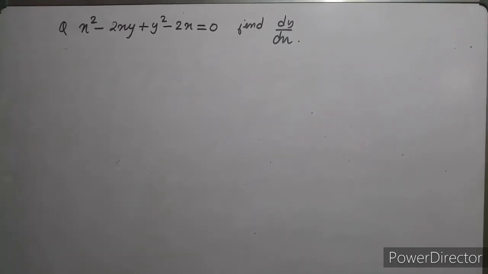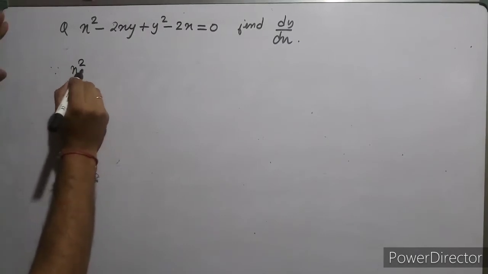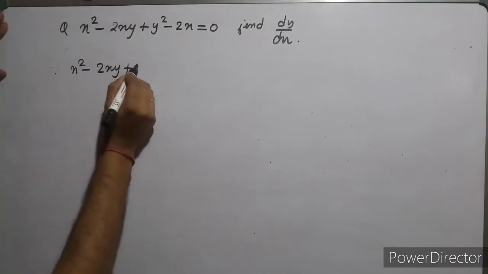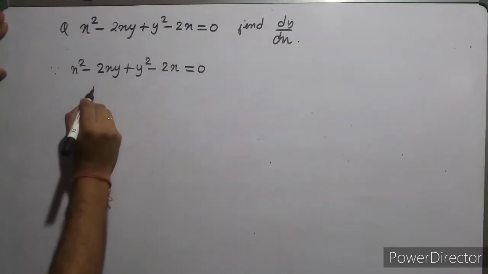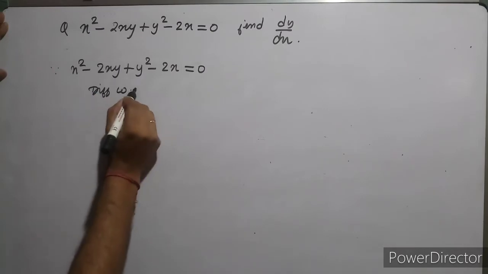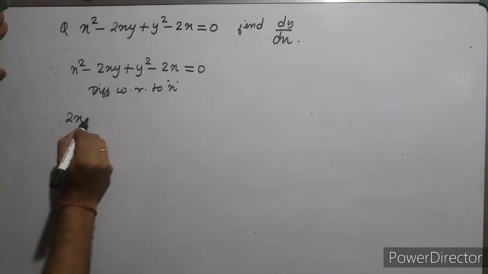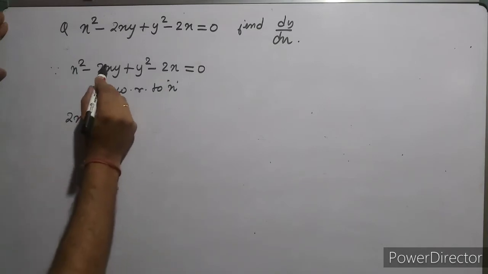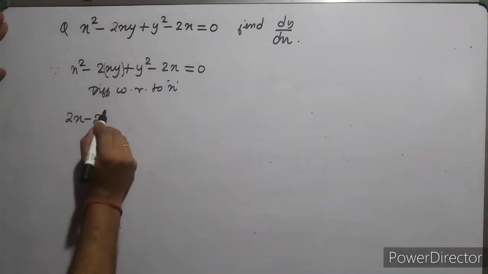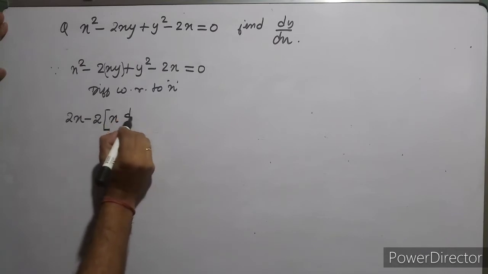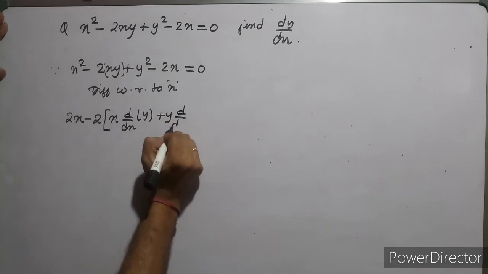Now this is another question, same implicit function: x square minus 2xy plus y square minus 2x equals to 0. Differentiating with respect to x, derivative of x square is 2x, minus 2. Now it is x into y, so you have to use the u into v formula, which is u dy dx of v plus v dy dx of u.